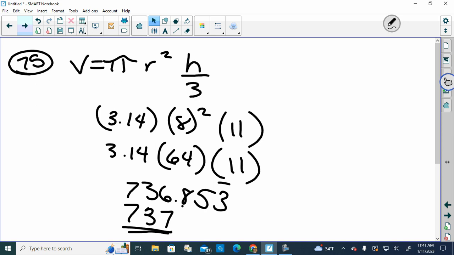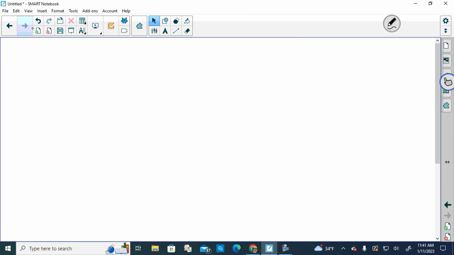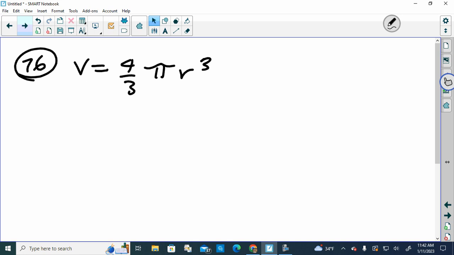Okay, last one, 76. It says if a spherical balloon has a diameter of 22 inches, what is the volume to the nearest cubic inch? Use 3.14. We're going to use volume equals 4/3 pi r cubed.